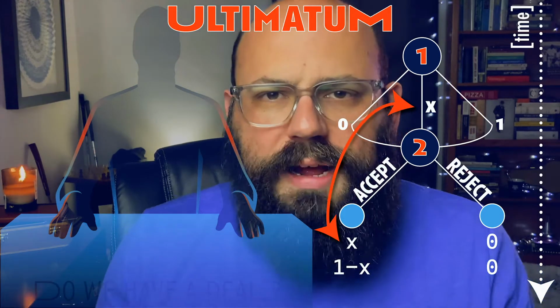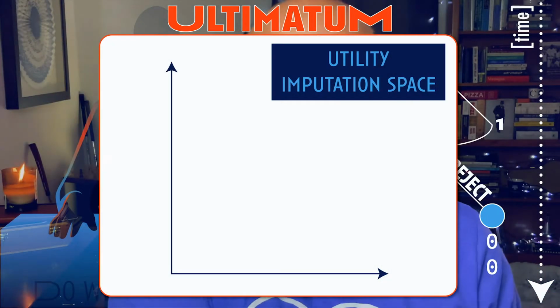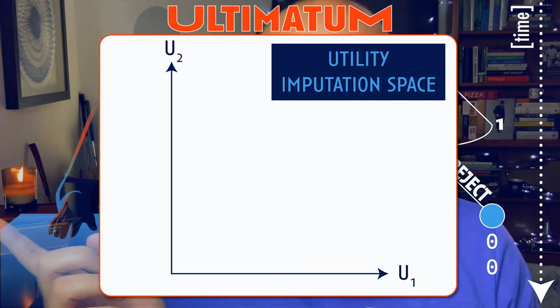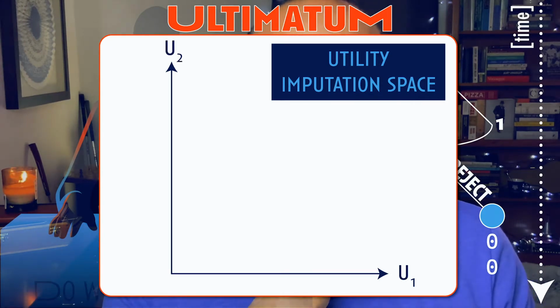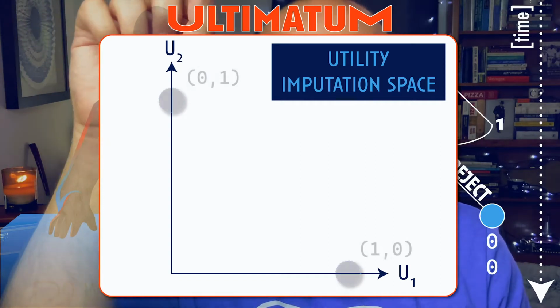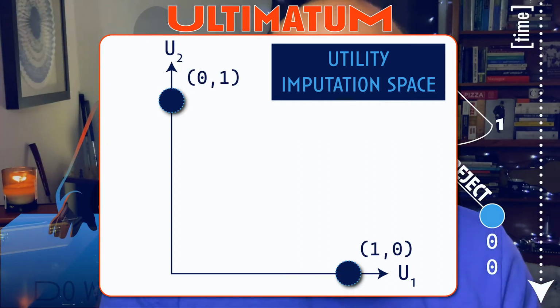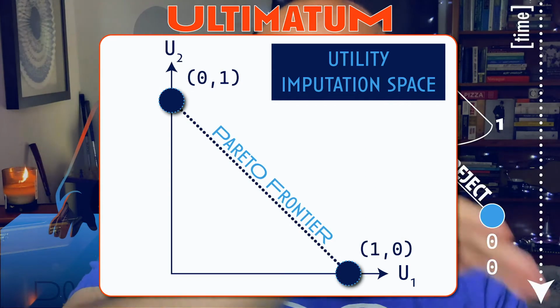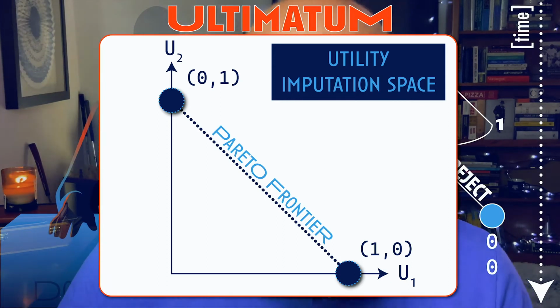Just to show you that, let me put this into a utility imputation space. So I'll put player 1's utilities on the horizontal axis and player 2's on the vertical axis. Notice that the happiness frontier can go as high as (0, 1) and go as low as (1, 0). And any line that comes in between them, that's an (X, 1 minus X) combination.